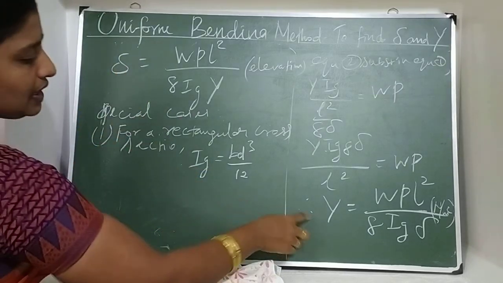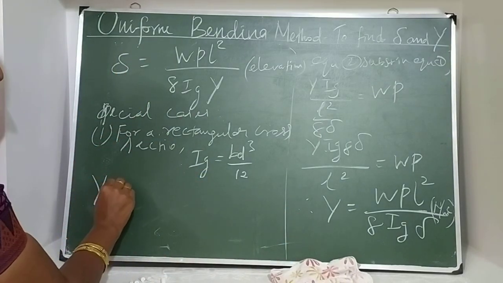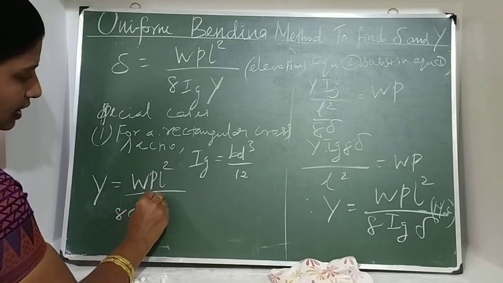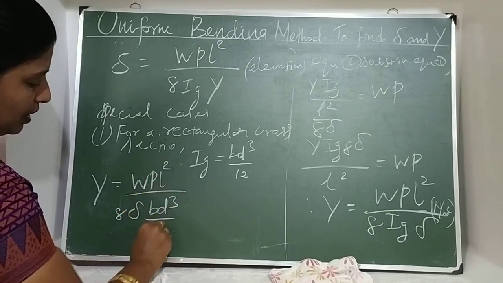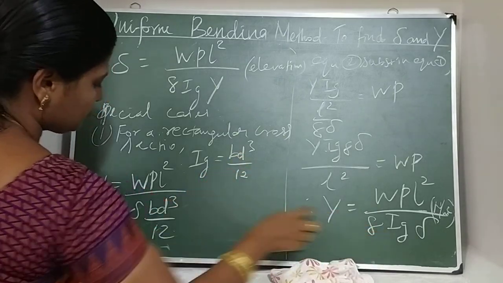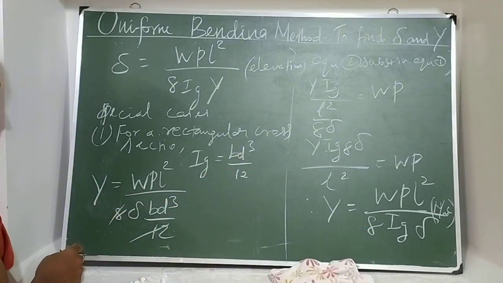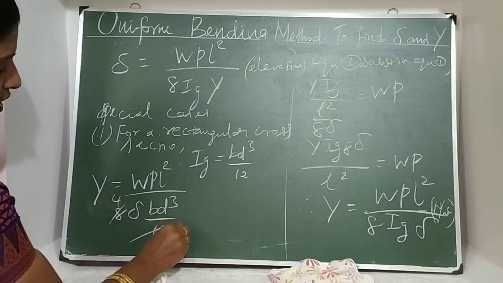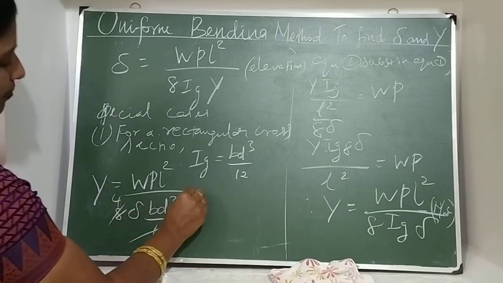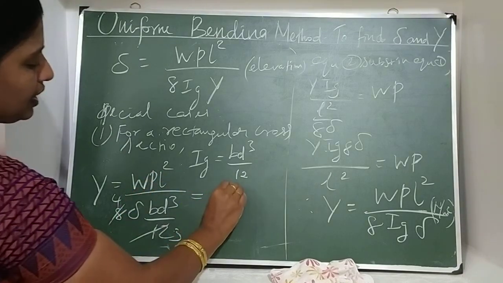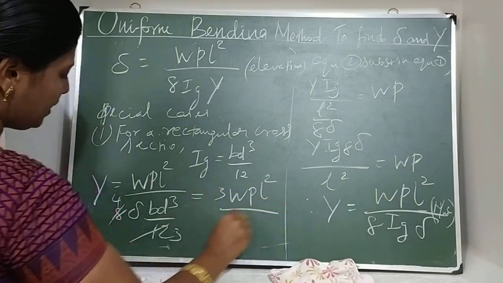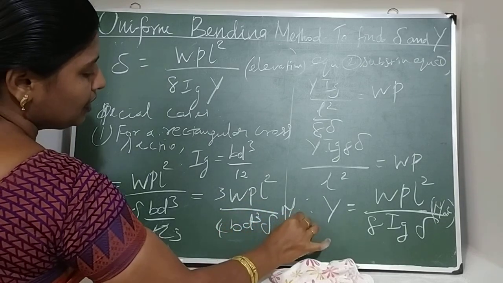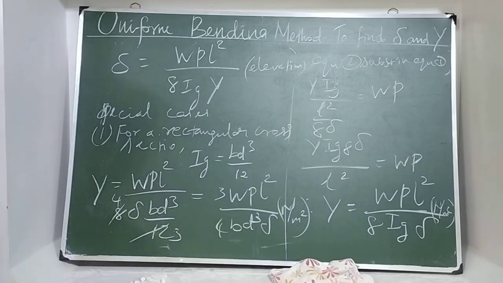We substitute into the Young modulus value Y equals WP L square divided by 8 delta Ig, with Ig as BD cube divided by 12. Simplify this term: 4 twos are 8, 3 fours are 12, 3 goes to the numerator. Y equals 3 WP L square divided by 4 BD cube delta, Newton per meter square.